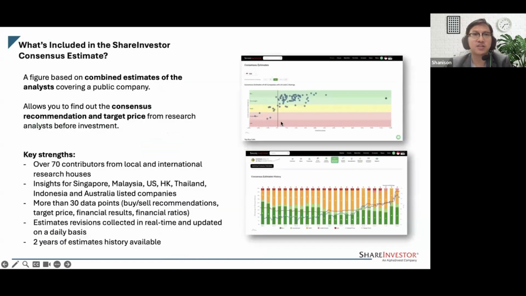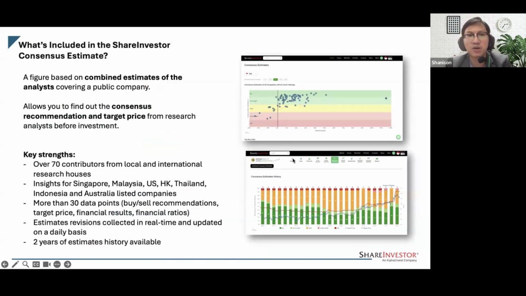So what is included in Shareinvestor's consensus estimate? What is consensus estimate? Consensus estimate is a figure based on the combined estimates of the analysts covering a public company. I believe a lot of you invest in the markets, right? You read the research reports issued from, let's say, your remisiers or brokers sent to you.